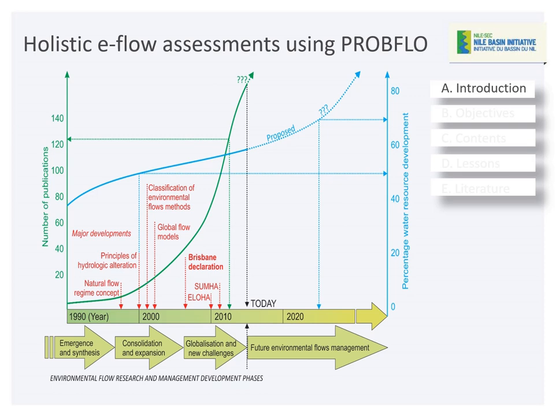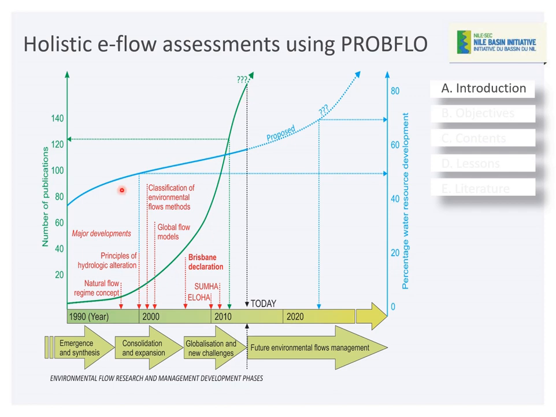These two lines on the graph represent the amount of water resource development, and you can see that we've extended into this period where we're developing more than 50, up to 60% of our resources have already been developed, and that is widely published. And you can see in relation to that the number of publications and the importance of understanding what it is that we should be protecting and how to conserve it in relation to this development.